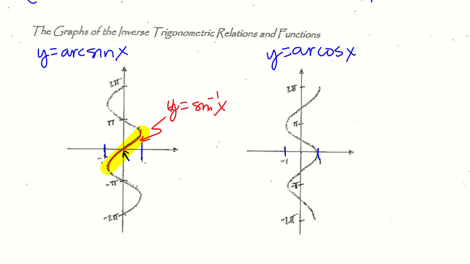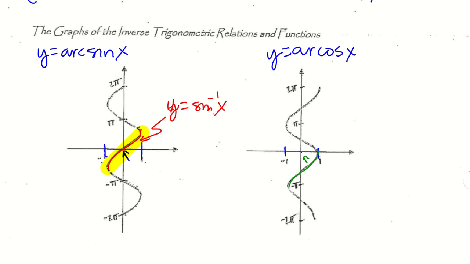So let's think about that. I could choose this piece that goes between -1 here and +1 here. That would pass the vertical line test. It's continuous, it includes the entire domain, and it's as close to the origin as I can get and stay on the graph.